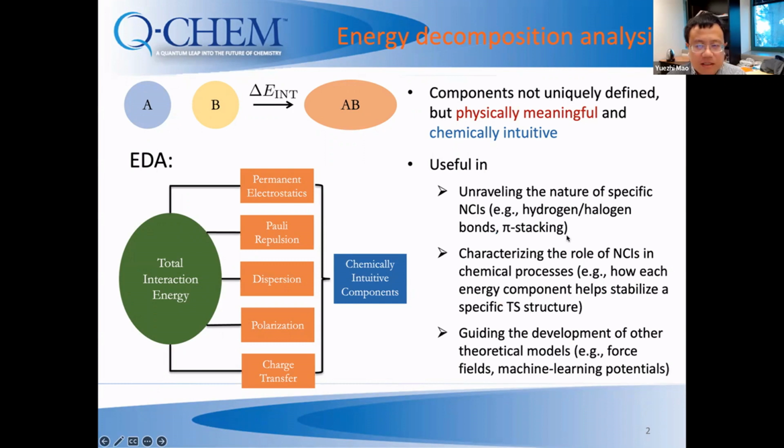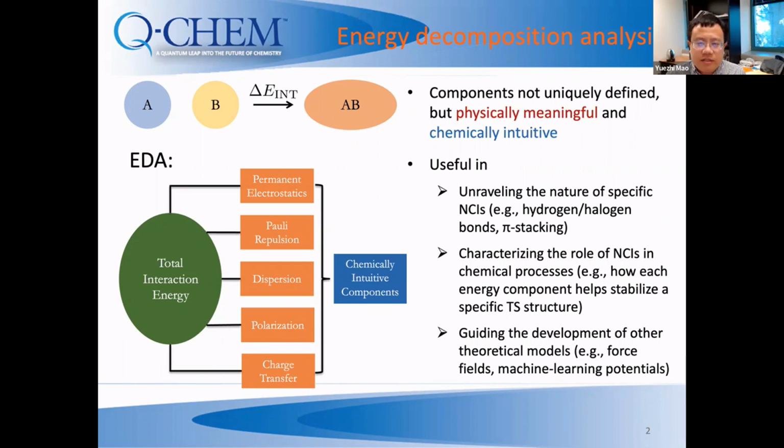These EDA methods are particularly useful for a couple of things. For example, they can be used to understand specific interactions, such as hydrogen and halogen bonds, or other interactions like pi stacking, ion-pi interactions, and so forth.